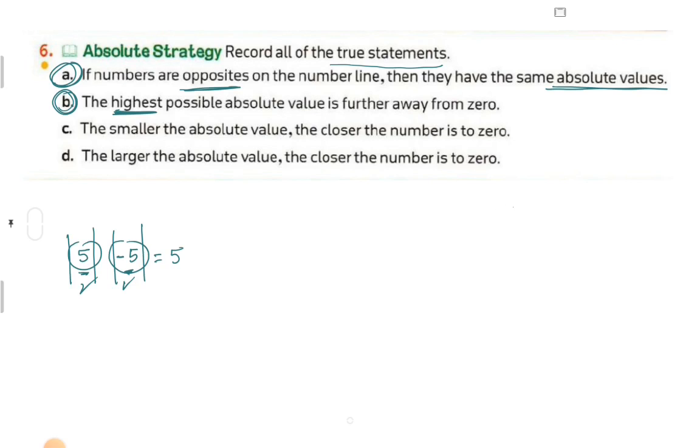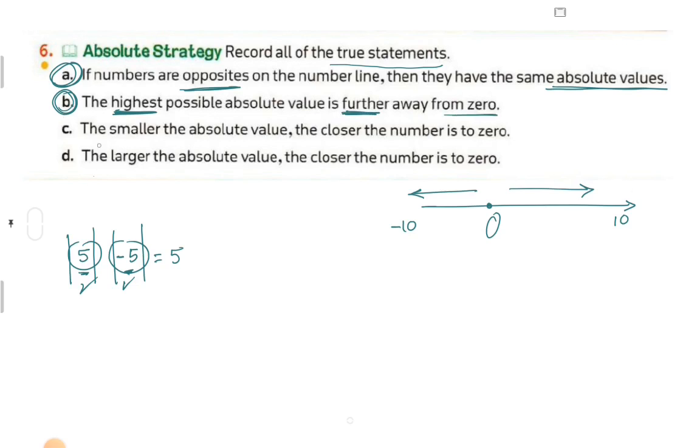The absolute value goes far from 0, even to the right, even to the left. Negative, like -10 or +10, it's equal 10 units, but 11, it's 11 units from here and 11 units from here. So the highest possible absolute value is further away, far from 0.